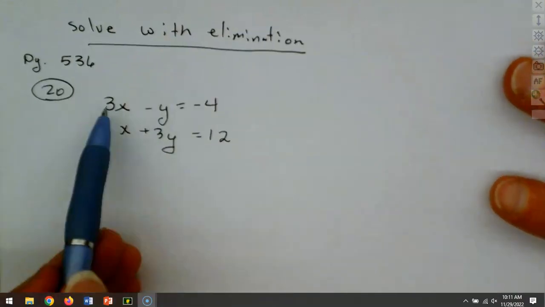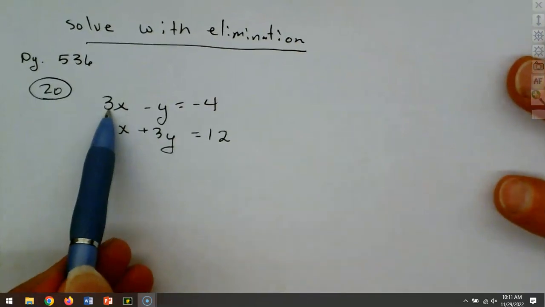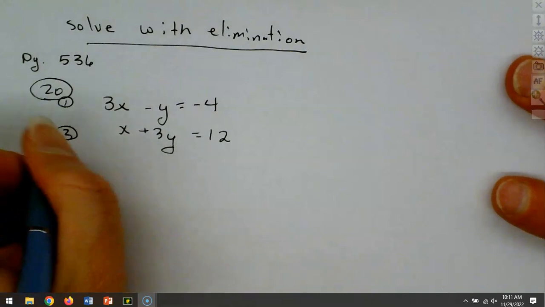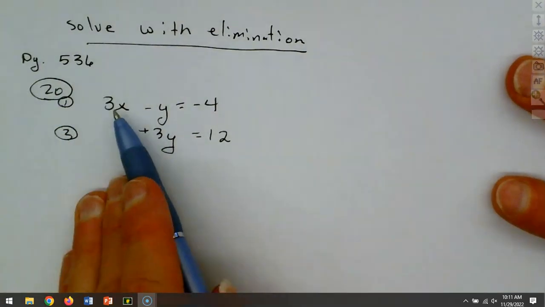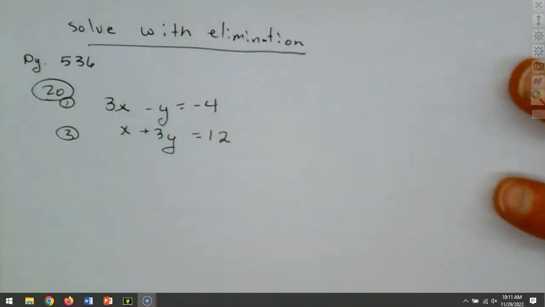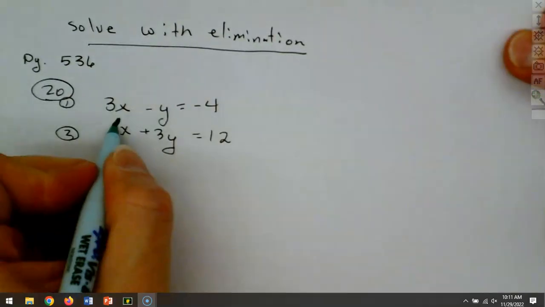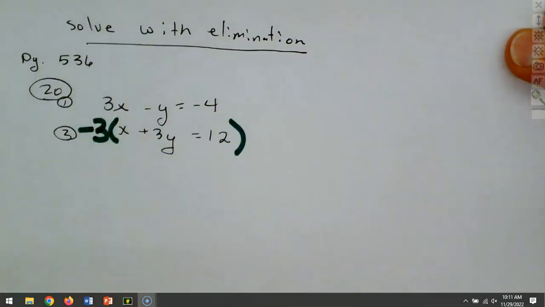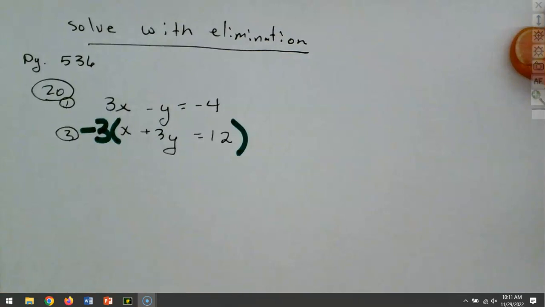So notice this one, well, this is 3x, right? And this is my first equation. What can I multiply the second equation by so that I get that 3x? Well, it needs to be multiplied by 3. So I'm going to take my second equation, and I'm actually going to use a negative 3. Now, why am I going to use a negative 3?